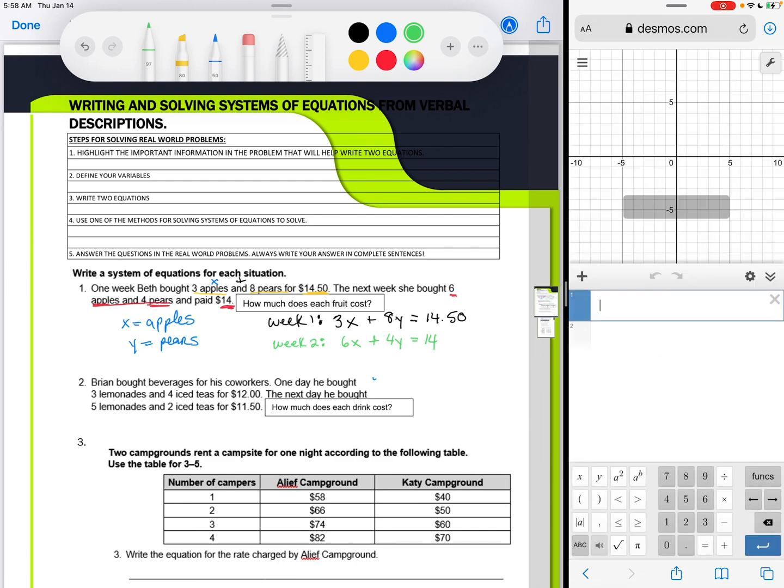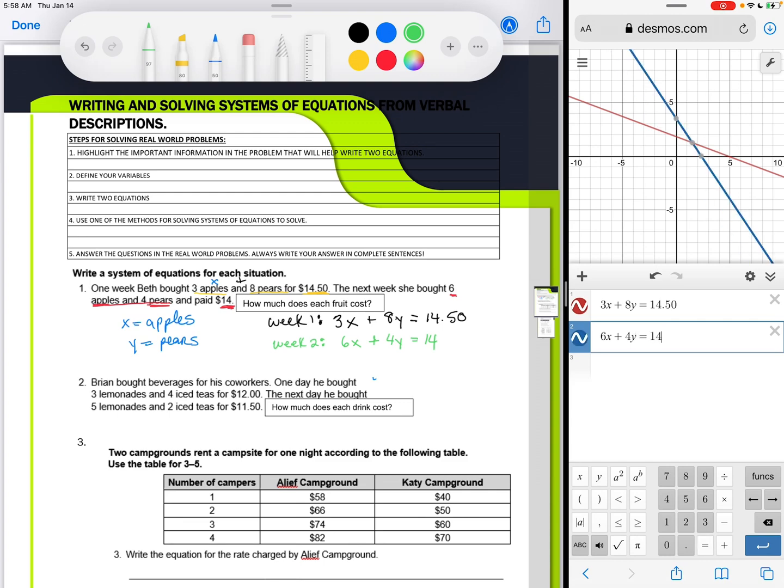And we're going to plug in our equations, starting with 3X plus 8Y equals $14.50. All right. Now we're going to do our second equation, 6X plus 4Y equals 14.